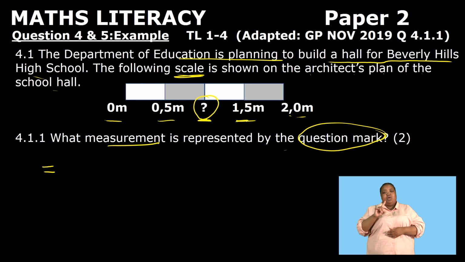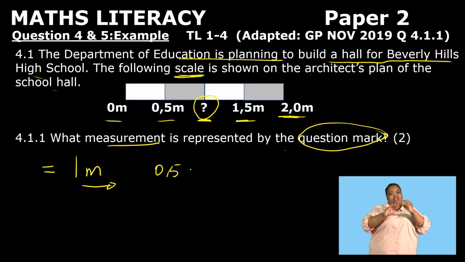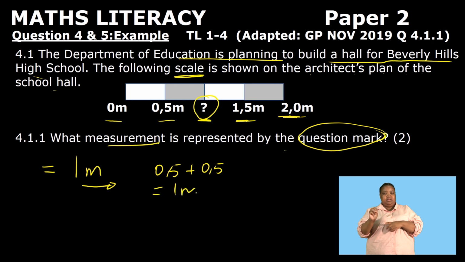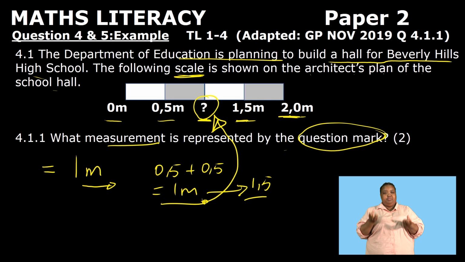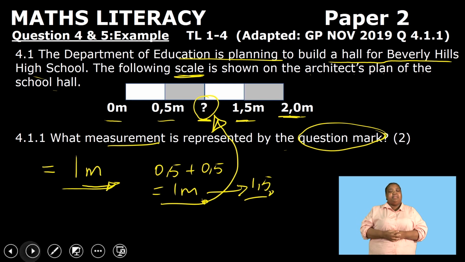Adding another 0,5, you should be getting 2,0. Then this measurement here could be 1 meter. Why? Because from 0,5 you will add another 0,5 to get 1, which will be this value in between. And when you continue adding 0,5, you will get 1,5. So your answer is going to be 1 meter.